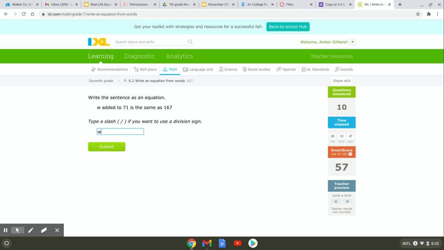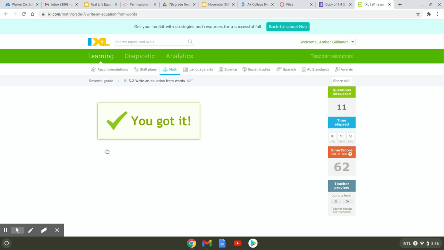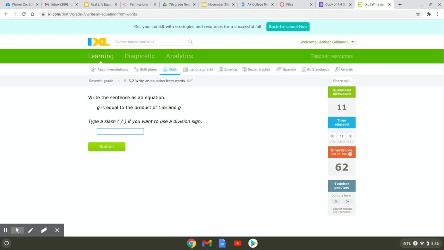So W plus 71 is equal to 167. Okay. G is equal to the product of 155 and G. So let's write it like this. G equals 155G.